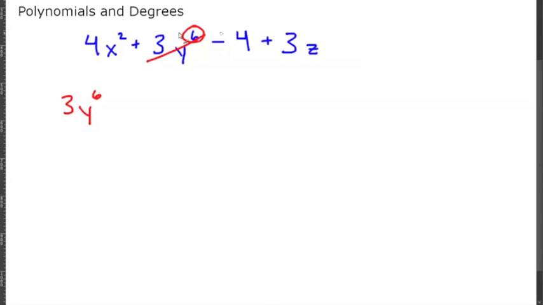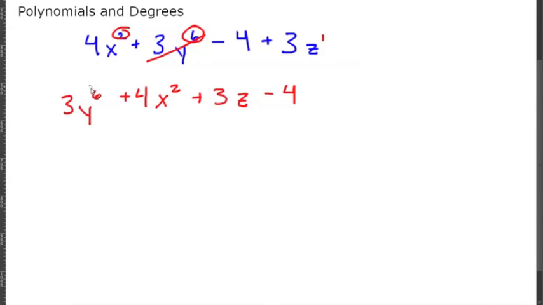The next highest degree is 2, so you would add 4x squared. After that, the next highest degree is 1, so you would add a 3z, and then this is a degree of 0, so you just subtract the 4 at the end.